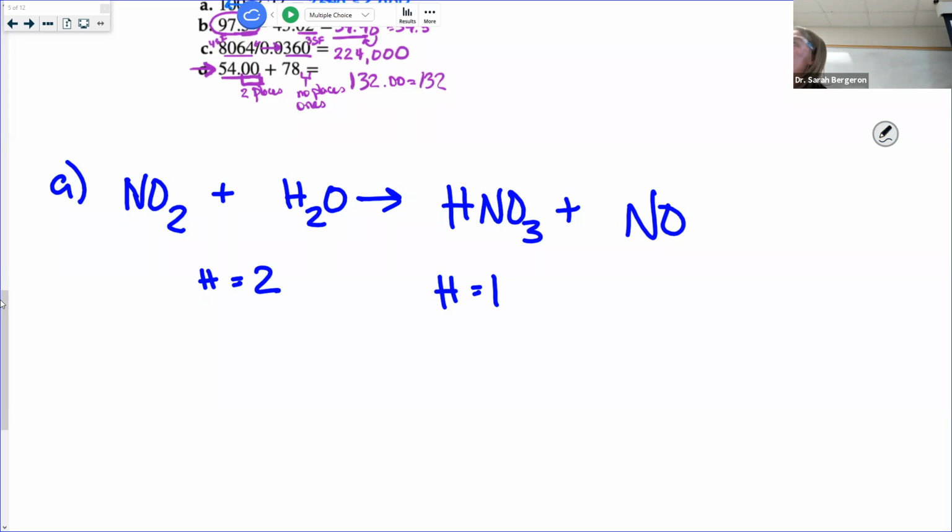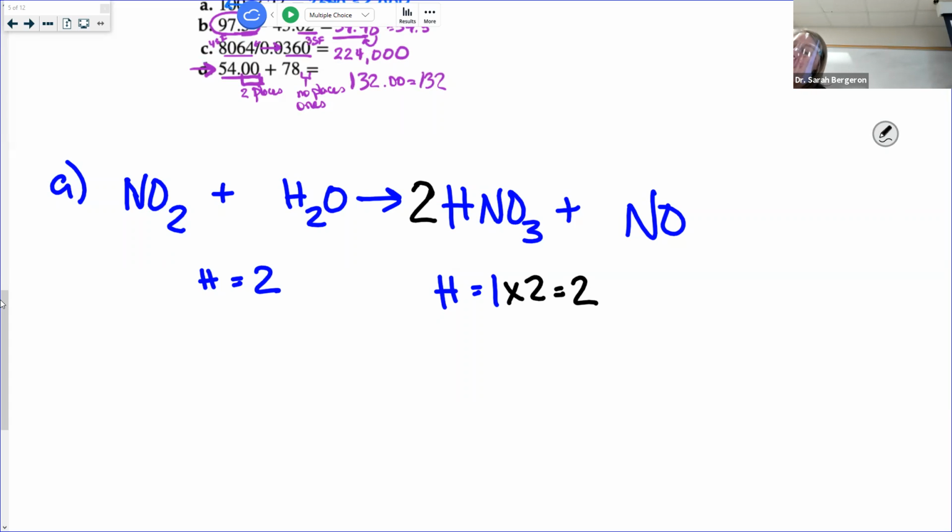I'm going to put a coefficient of 2 in front of the molecule. Now, what does that mean? I have 1 hydrogen atom per molecule, but I have 2 molecules. So that's 2 times 1 is 2. Okay, so now those balance.